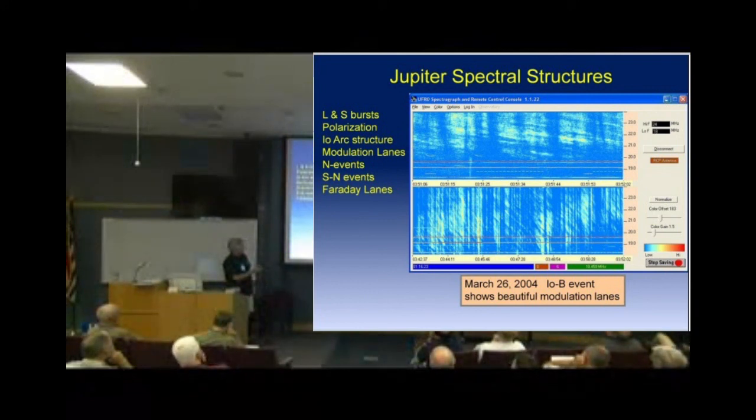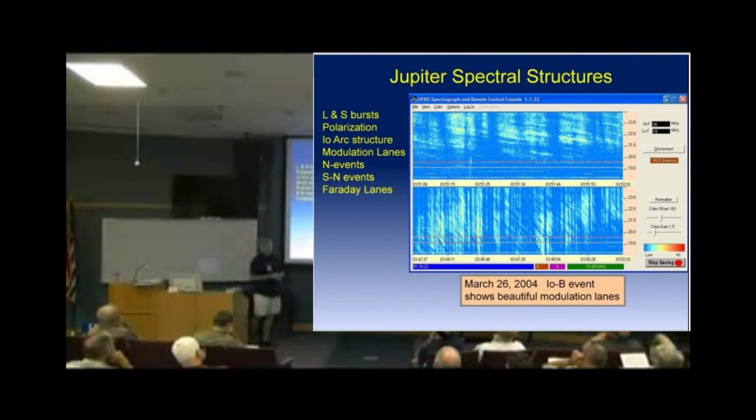We've already talked about the L and S type bursts, but we can make measurements of polarization and learn more information. We can study these modulation lanes, and learn something about the source and the propagation path. We can study other spectral signatures, and again, keep learning more and more about how this works, right?